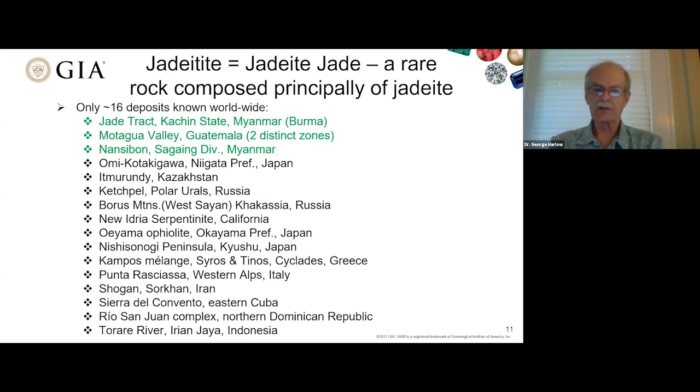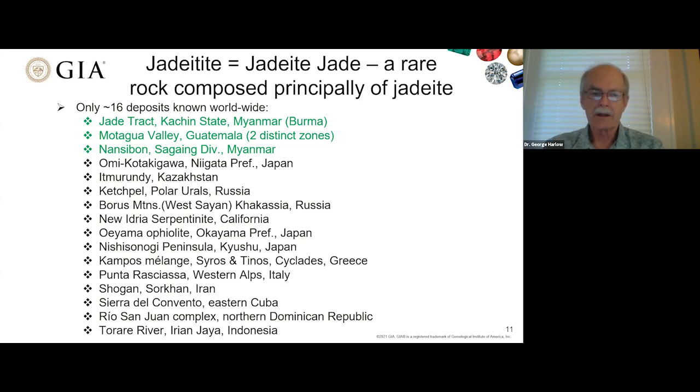So the rest of them have had material found, which in some cases has been able to be used as cultural jades in the past, or has been tried to be used to make gemological jades in the present. But most of them suffer from a problem of either they're in places that are hard to get to, or they're in places where the government doesn't allow you to do that. For example, in Japan, the Omi Kotakigawa area is basically preserved by the government against exploitation.